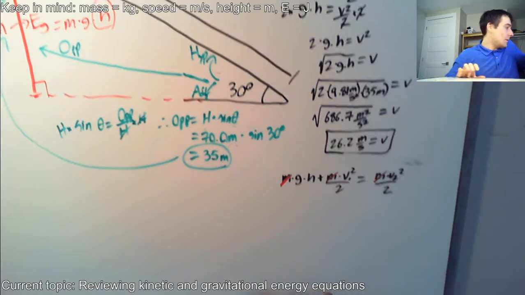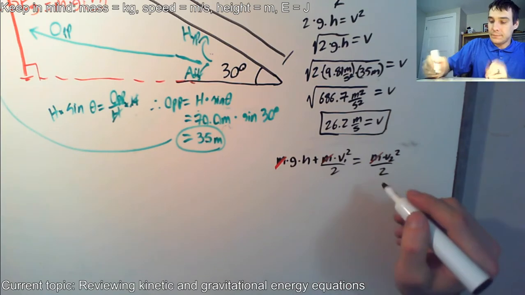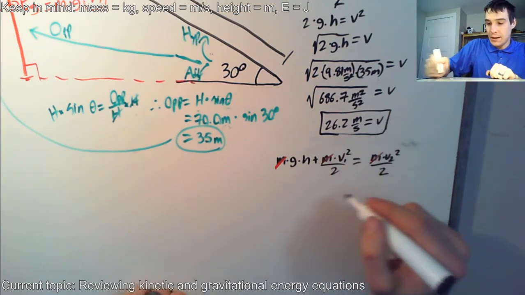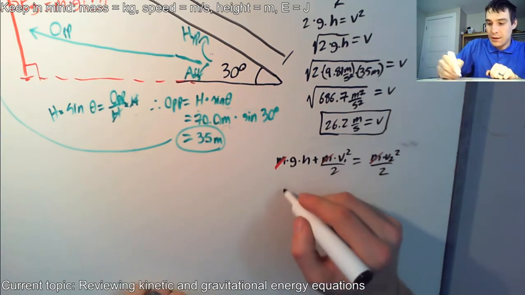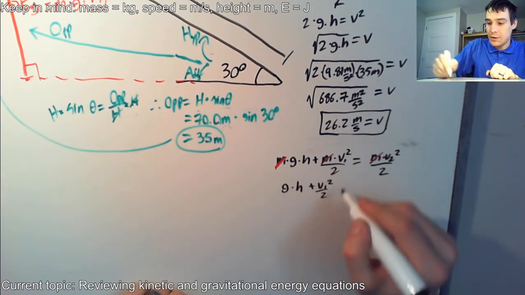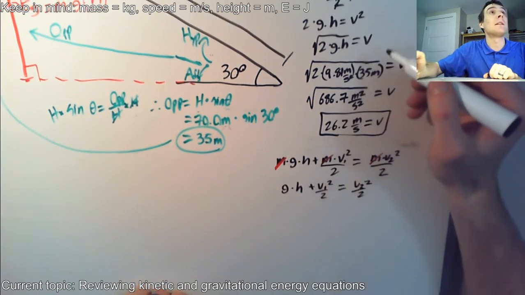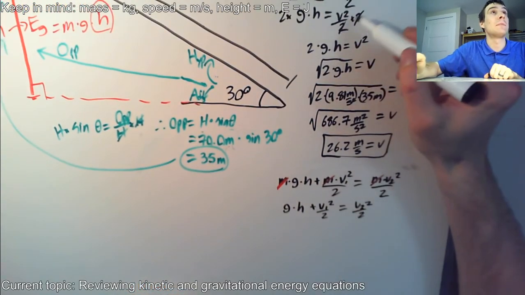But now when we do our rearrange here, it's going to be g times h plus v1 squared over 2 equals v2 squared over 2. If you think back, the one thing we did was multiply things by 2.